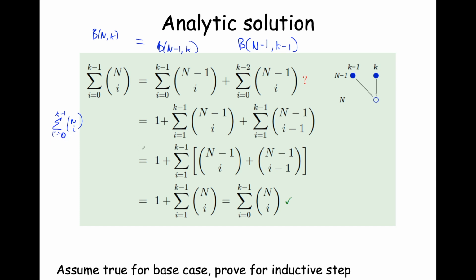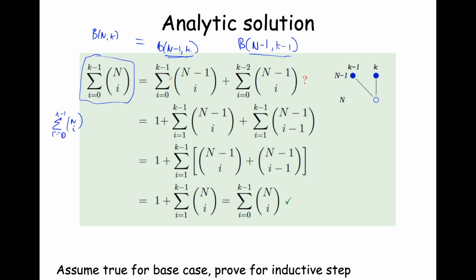All right, so let's do this. So here, this is our b of n and k, and this is our assumption, assuming that it works, and we want to show that we get this b of n and k. And so we're going to assume b of n minus 1 comma k and b of n minus 1 comma k minus 1. So here is our b of n minus 1 comma k.